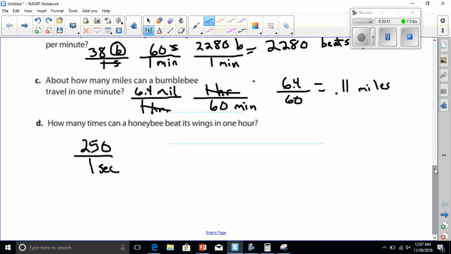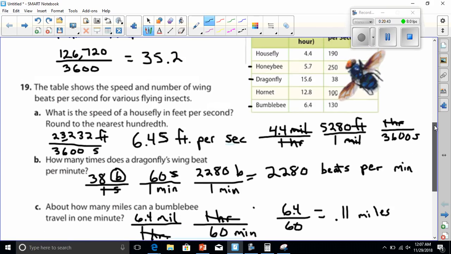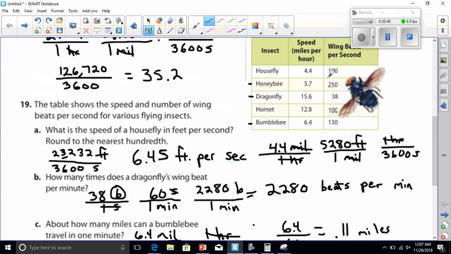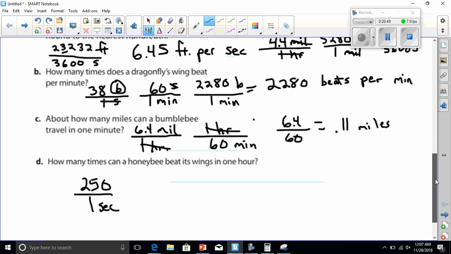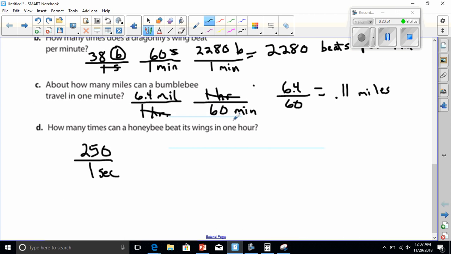And we want to know how many it will be in an hour. So I've got to get rid of seconds. How many seconds are in an hour? 3,600.